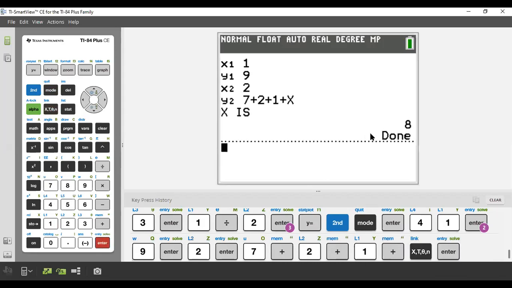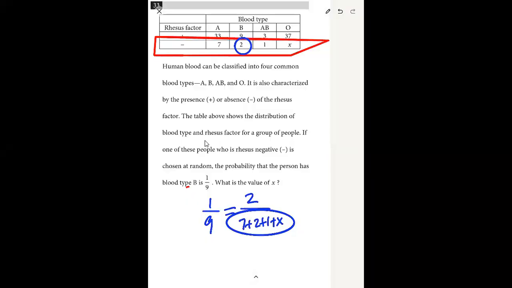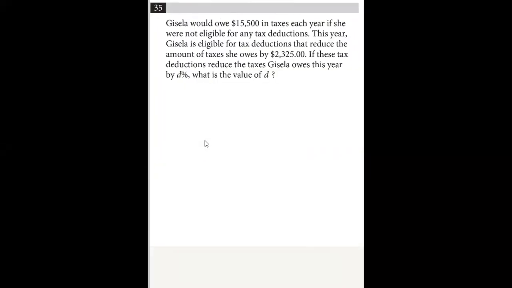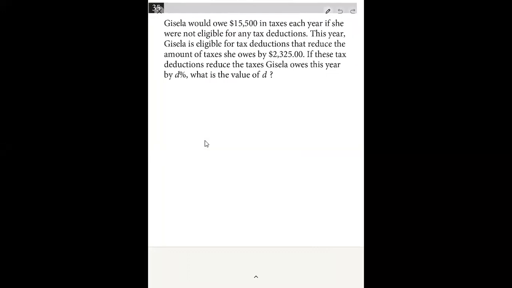And it says that X is 8. So that means when we go back over here we would grid in 8 for X. And this would be option 4 for proportions. All right, let's keep going. So it can handle probabilities.